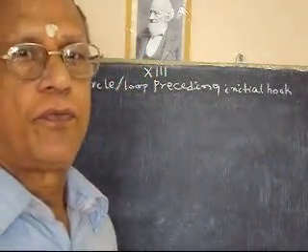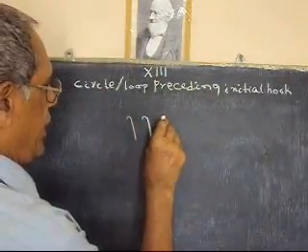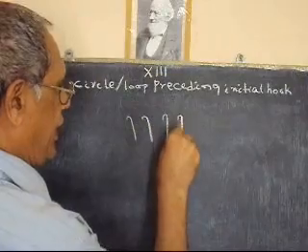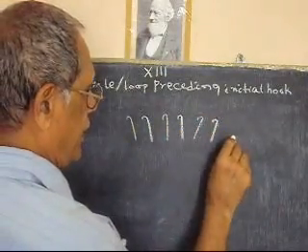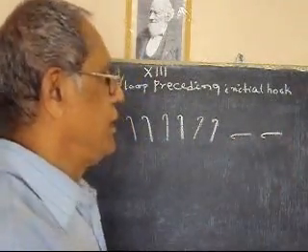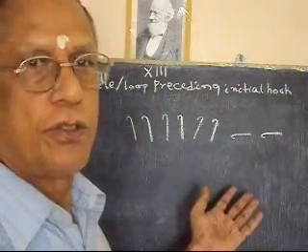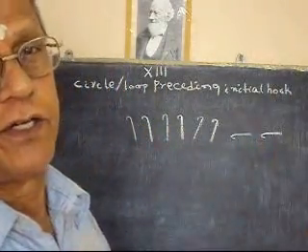And you know, initially hooked straight strokes: par, bar, tar, dar, char, jar, kar, gar. These are the straight strokes hooked for R, written with right motion.